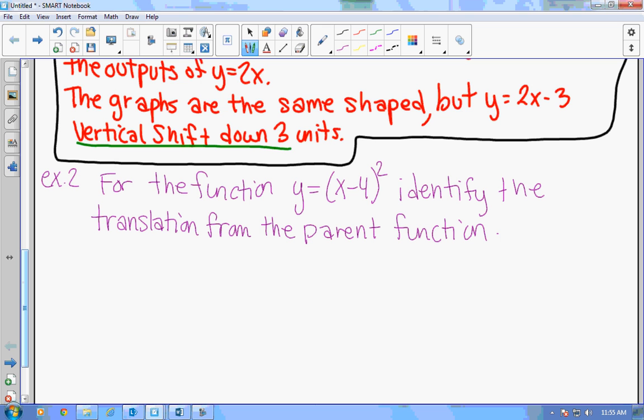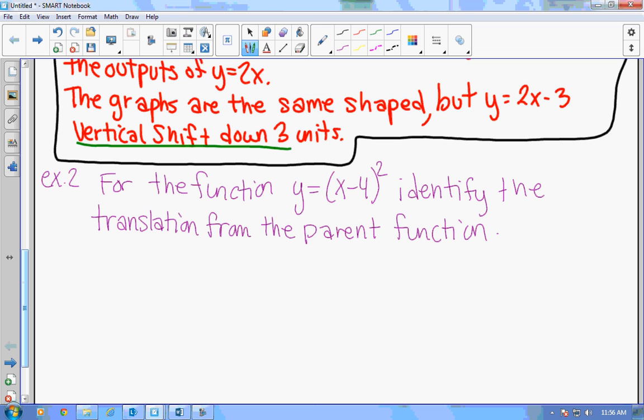So first you have to know what the parent function is. Raquel, do you know what the parent function is? So we have the 3 at the top. It's one of the 3 that we put at the top. Is this linear?